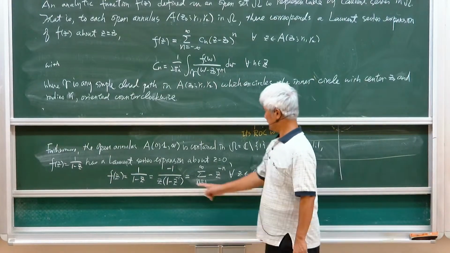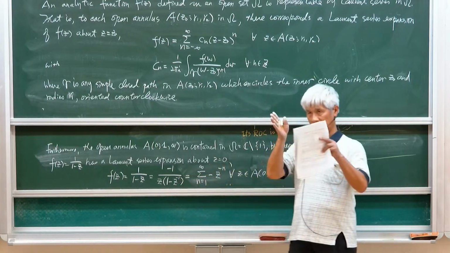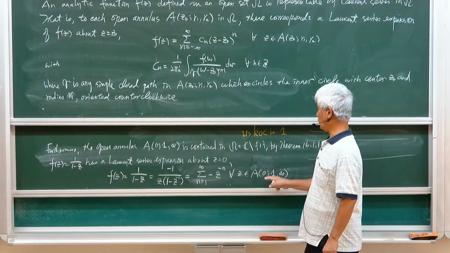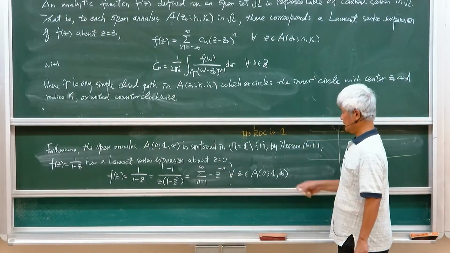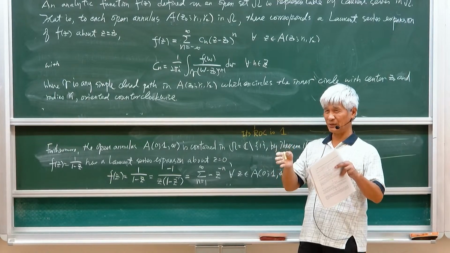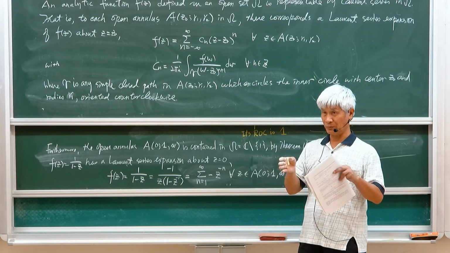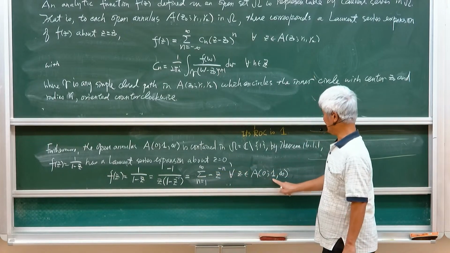So you can see if z inverse has magnitude less than 1, then it will converge. The inverse of z having magnitude less than 1 means that the magnitude of z is greater than 1, so z will be in here.